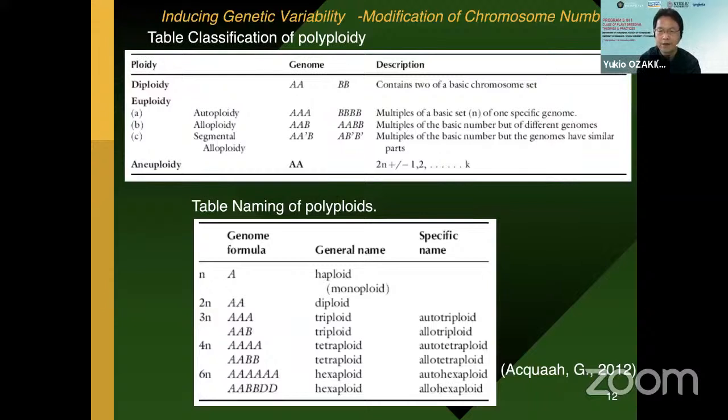In nature, there exist two types of variation in chromosome number.